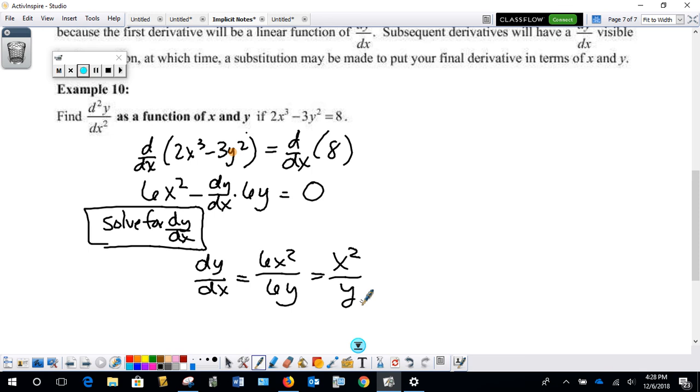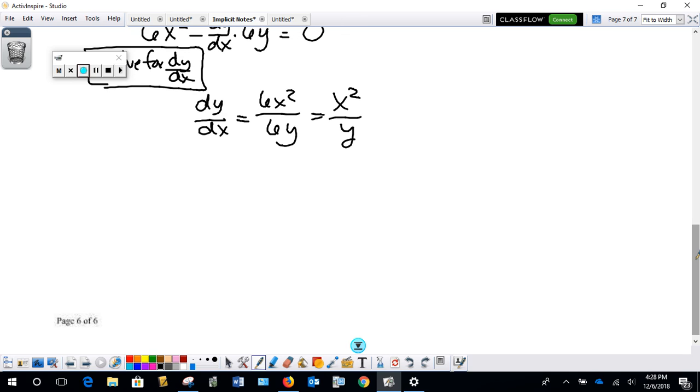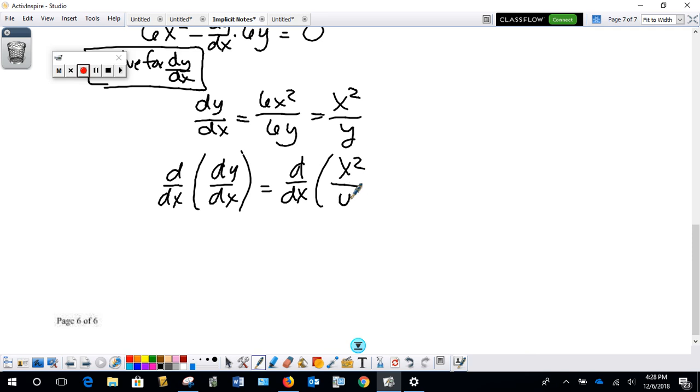Now, once I have that, to get the second derivative, you are going to take the derivative of the derivative. So I'm going to take the derivative with respect to x of dy dx, and I'm going to take the derivative with respect to x of x squared over y.